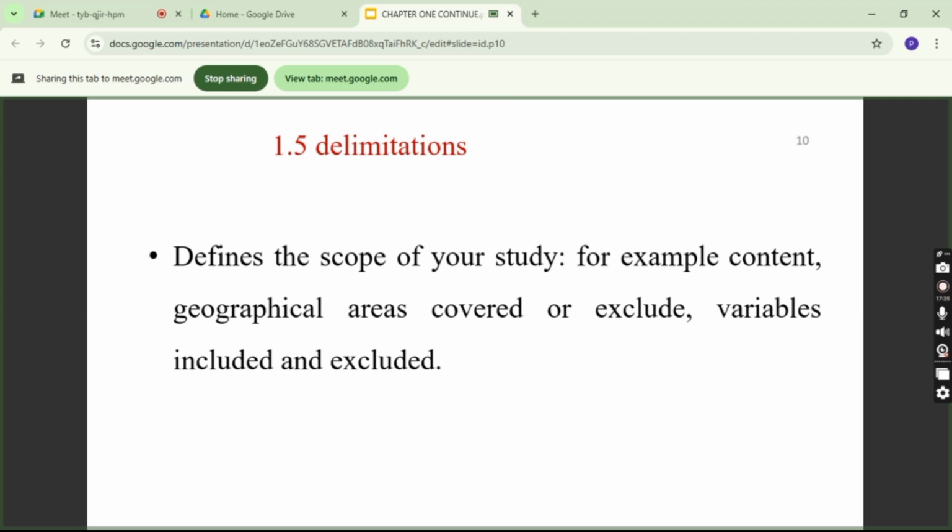If you are in Manchasi Basic School, that is your geographical area. And the variables are the individuals. It can be students, it can be the materials that we use, it can be the teachers. Okay. So it is important to note that your choosing the variables may contain a lot of issues and sub issues.